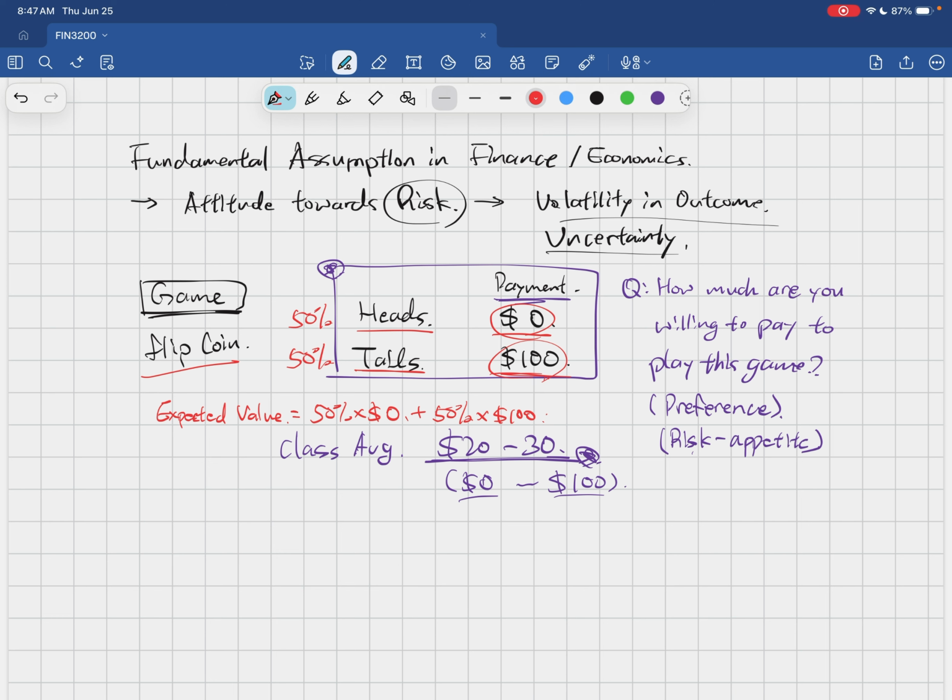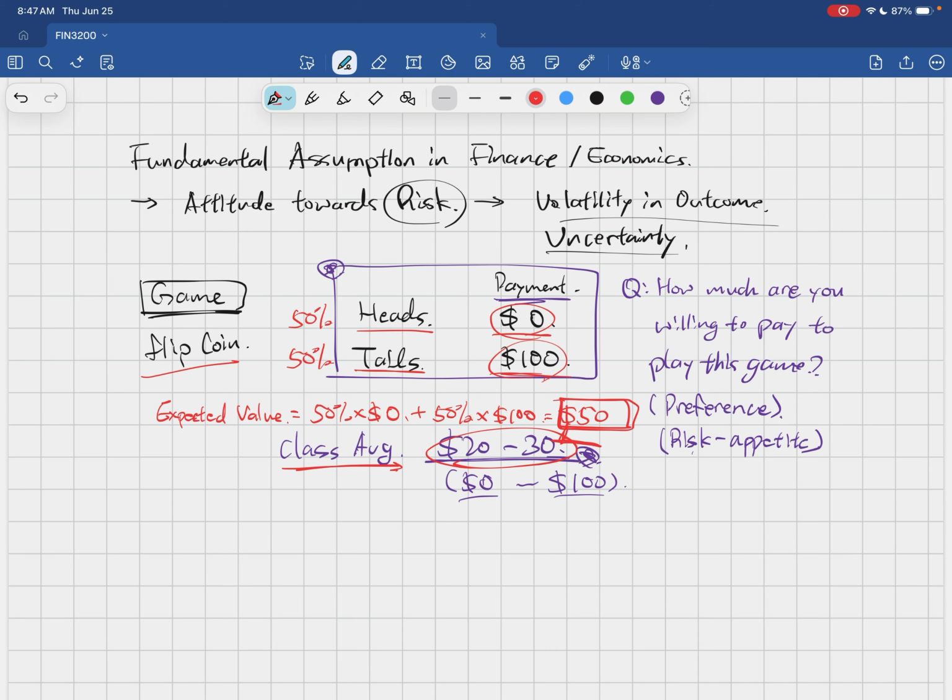So the expected value of the game is $50. Statistically, the class average is usually less than $50. That's the key observation here.